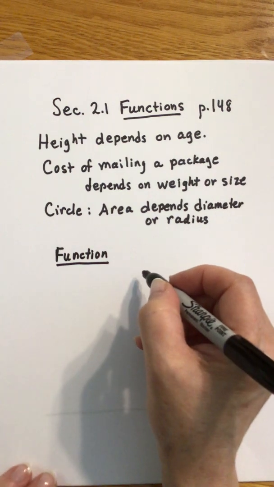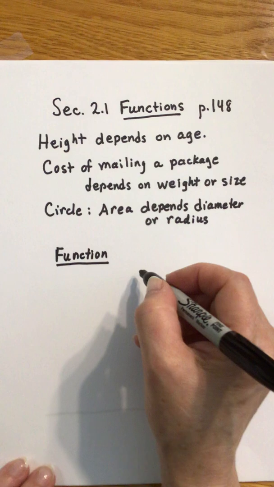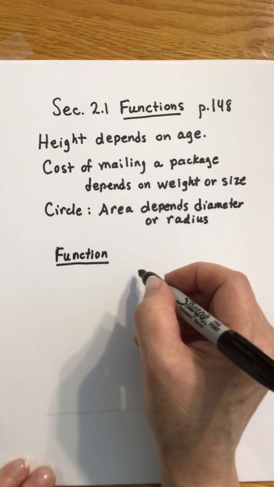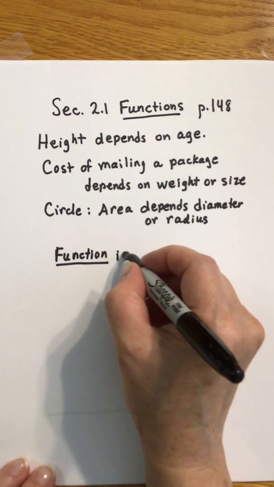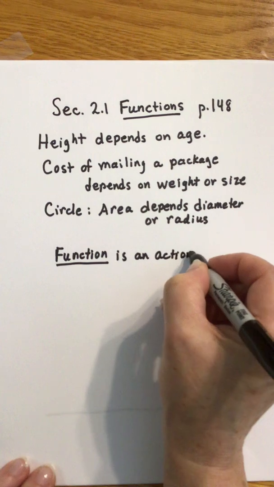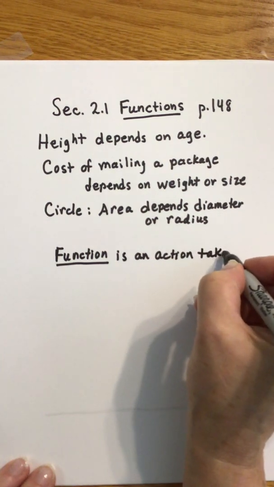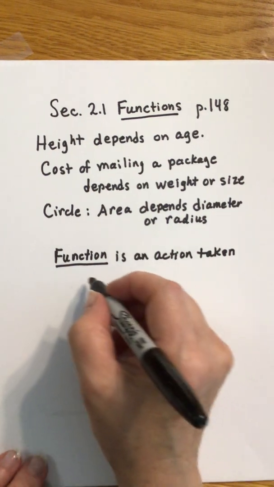So function. Now when we think of something functioning, we think of a car functions, that means it's working, right? So a function is some sort of action taken to get a result.